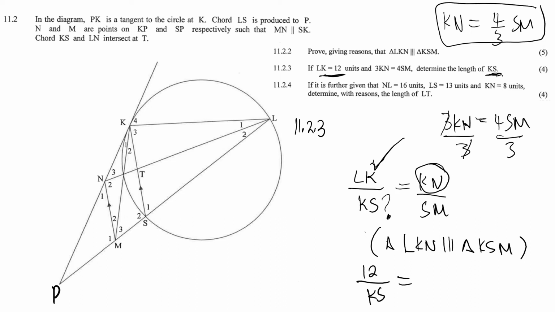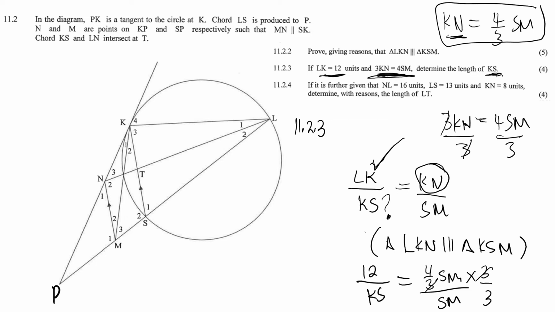We can replace KN by 4 over 3 SM, because we are given this statement here and we can solve for KN. So it's 4 over 3 SM all divided by SM. Now 4 over 3, if I multiply by 3 over 3, then this 3 and 3 will cancel.